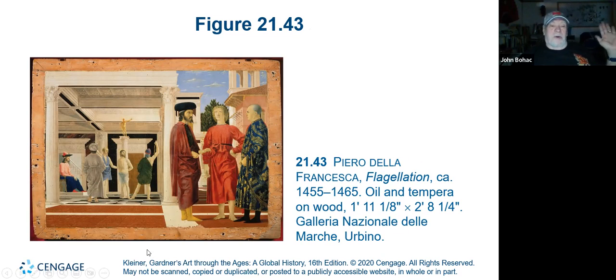And this is where we're going to talk about humanism a little bit and the donors. We see Christ, and he's about ready to be whipped. We see Pilate, presumably Pilate here watching this, and the flagellation of Christ. But that's in the background. Look what's in the foreground.